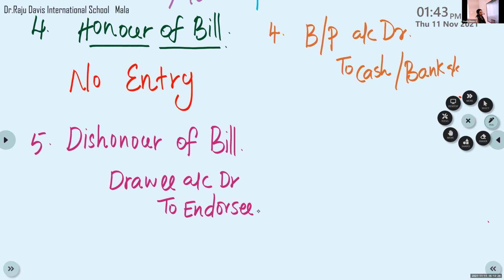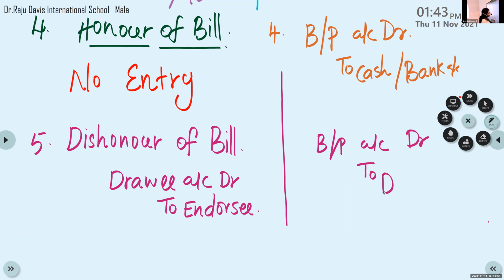Now, this drawer will take the bill to drawee and drawee should make the payment to the drawer. So in the books of drawee, the entry is bills payable account debit to drawer account. Okay.